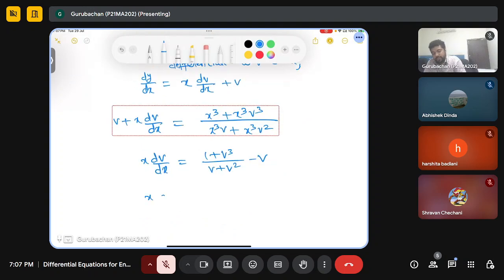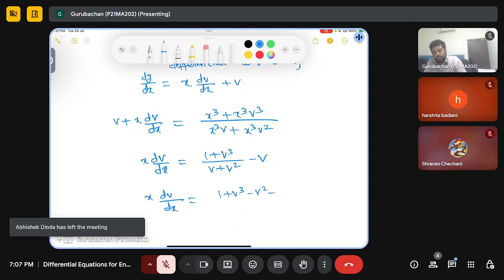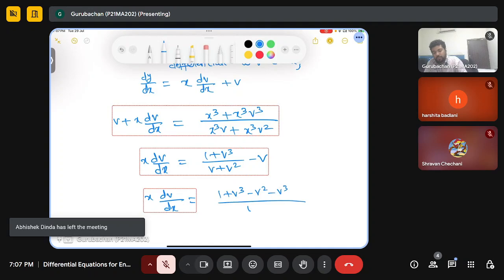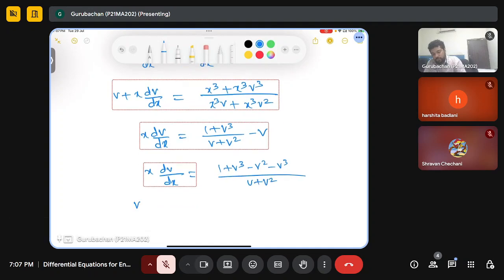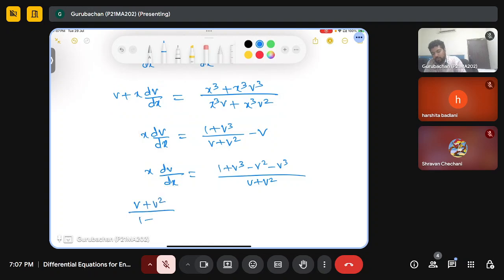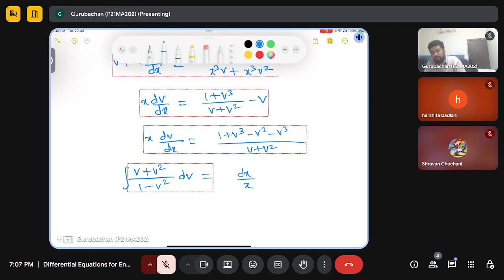If you solve it, it will give you x dv by dx is (1 plus v cube minus v square minus v cube) divided by (v plus v square). So (v plus v square) divided by (1 minus v square) dv is equal to dx by x. I hope till now it is clear to everybody.